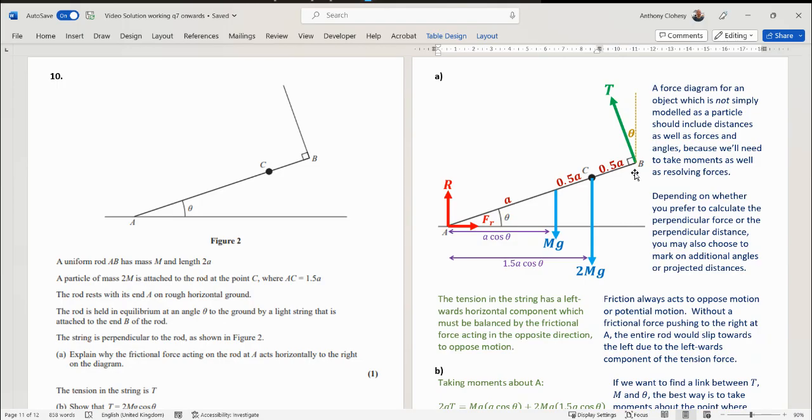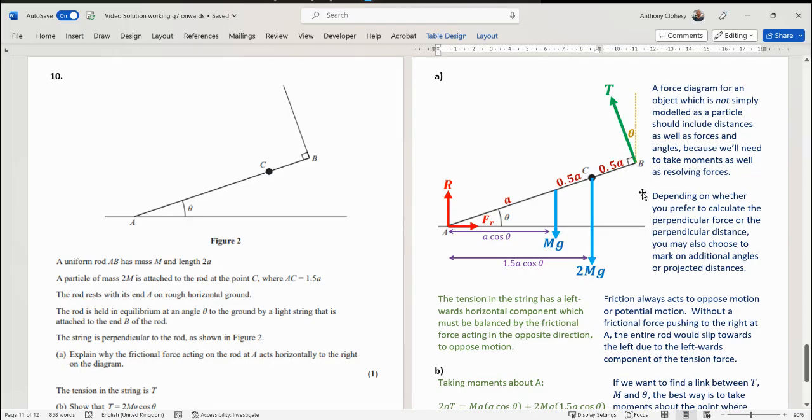Maybe not very strongly, but it would have an acceleration in that direction. So friction must be acting to resist that tendency to move in that direction. It says it's held in equilibrium, which means it is not moving. Therefore, whatever force is trying to pull it to the left, there must be a force that's counteracting that impulse to hold it where it is.